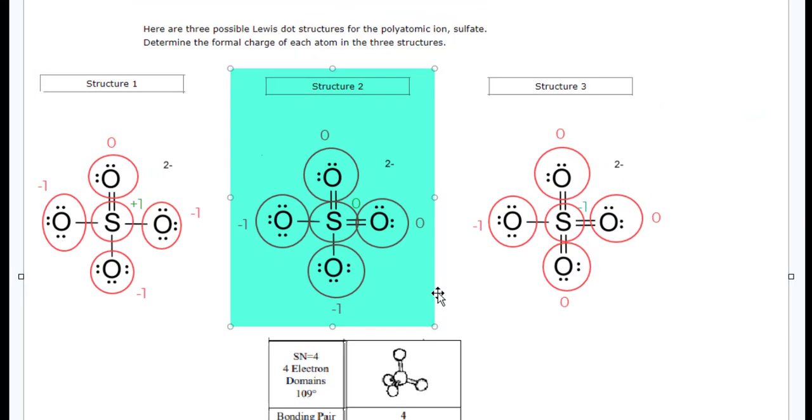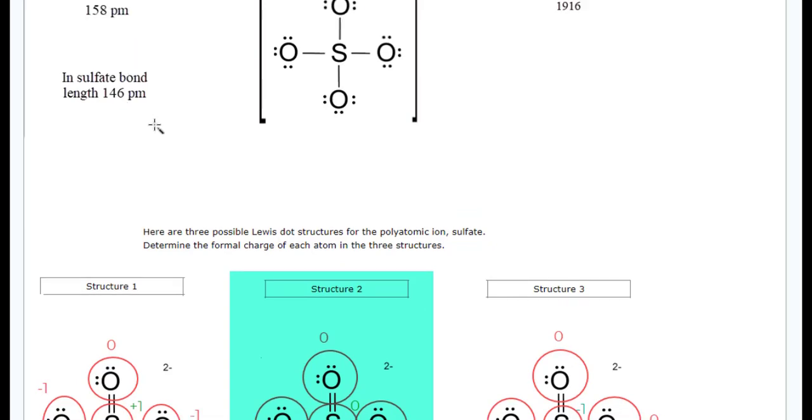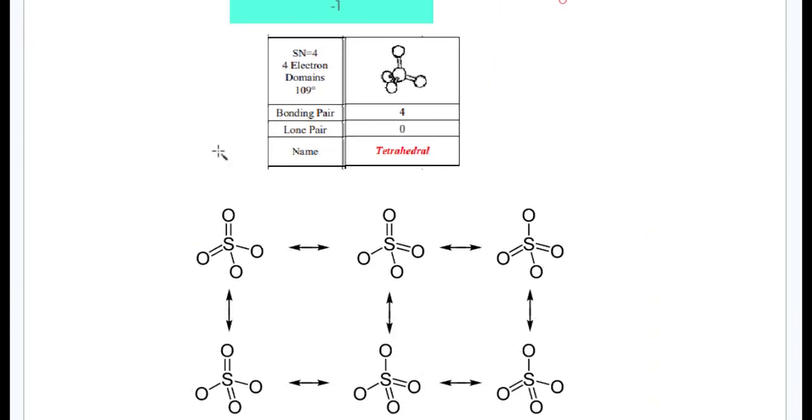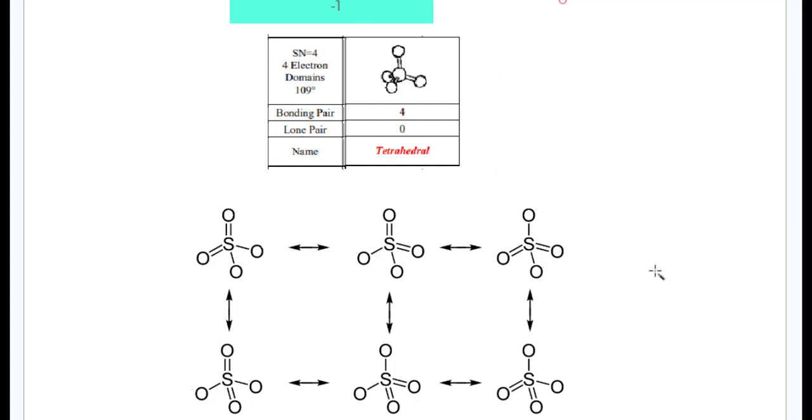And also, we have a shorter bond than we normally have because we have a double bond here, and that double bond is going to be resonating everywhere. I mean, if you lock this sulfur in place and try and figure out all the possible places where you could put this double bond, you'll find them all over the place, and that double bond would end up creating a shorter bond. So this looks really, really good.